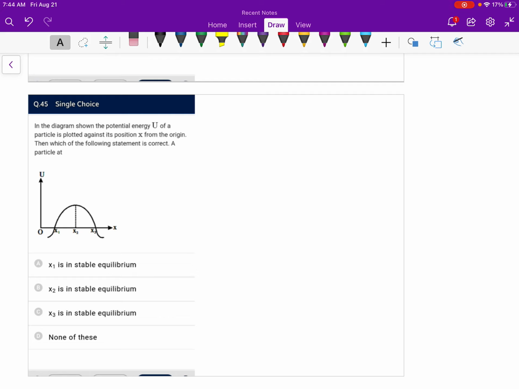In the diagram of potential energy, which of the following statements is correct? Stable equilibrium, unstable equilibrium. At x1 and x3, force equals minus du by dx is non-zero, so not an equilibrium position.